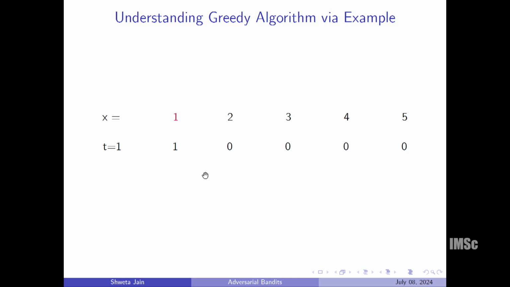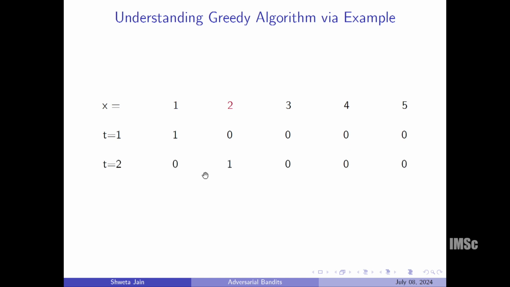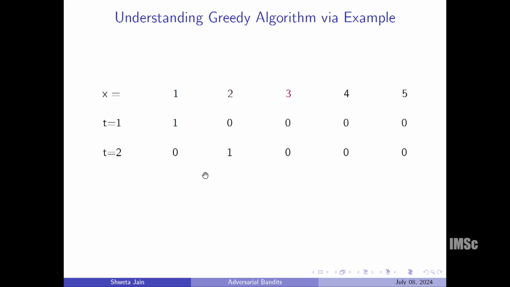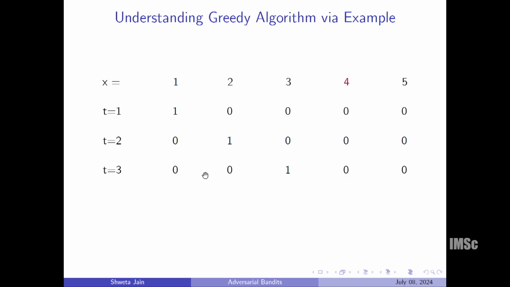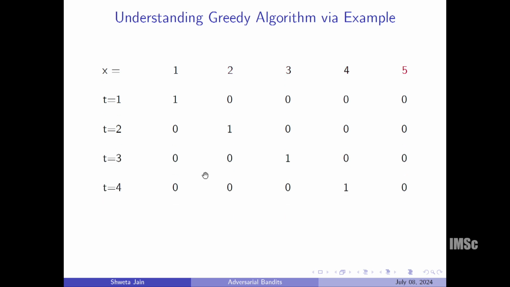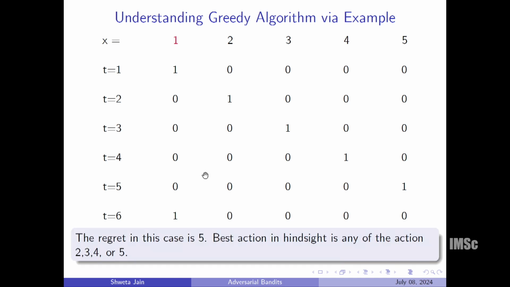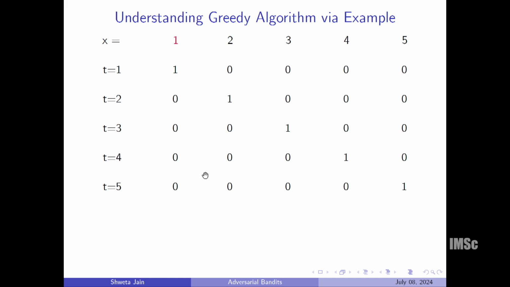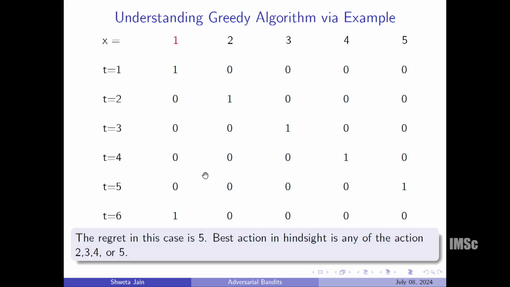Then in the second round, what will I do? Choose arm 2, and at t equals 2 this will happen. At t equals 3 this will happen, at t equals 4 this will happen, at t equals 5 this will happen, and you get the flow. It is written here, but just to make sure everyone is on the same page, what will be the regret in this case?